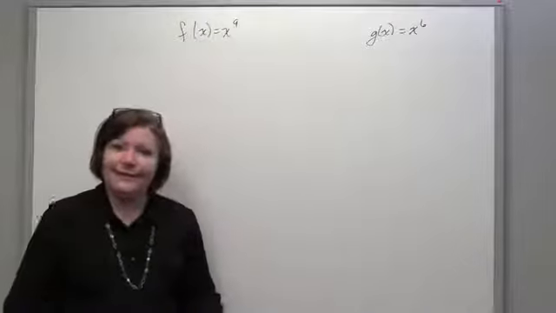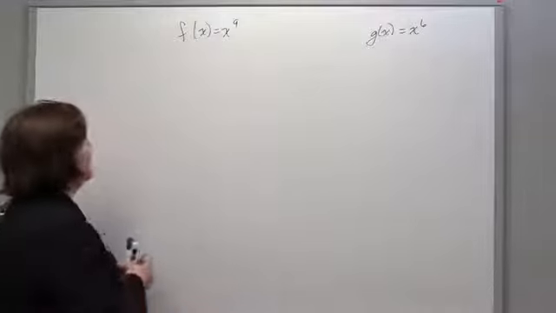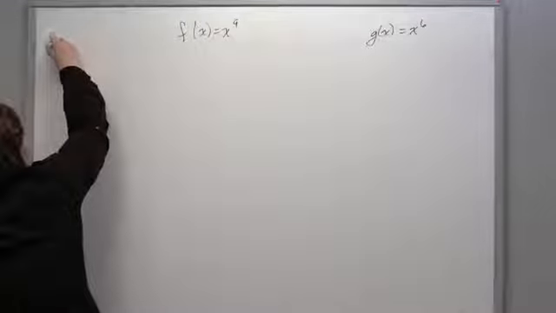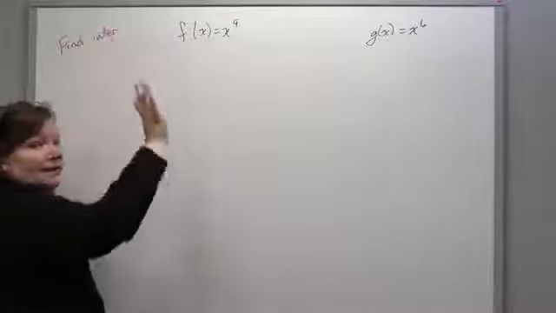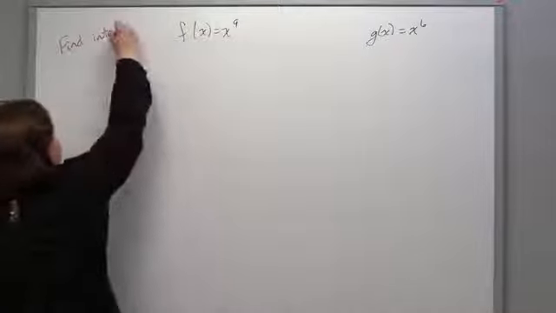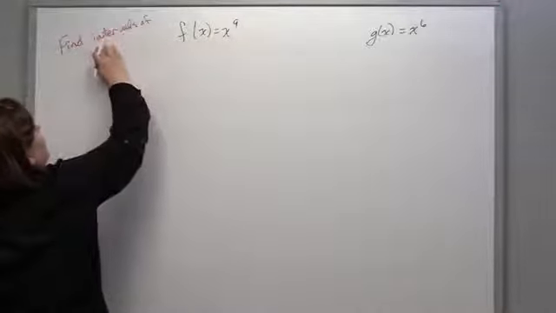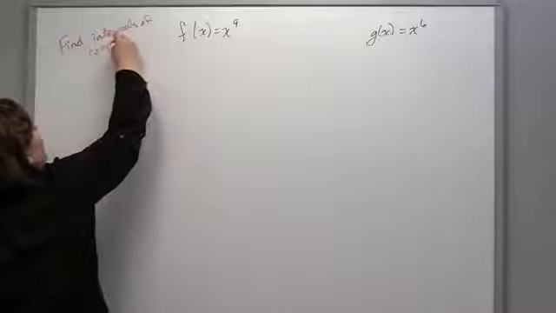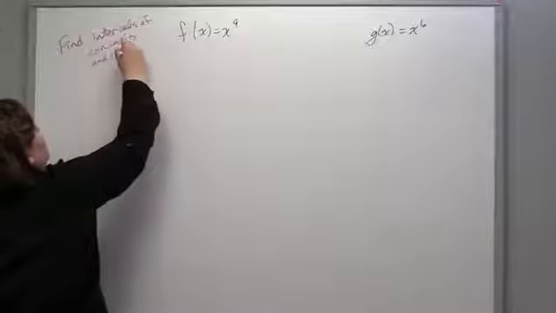So I'm going to write down the global process for finding inflection points. To find, if the directions are talking about concavity, like where are you concave up or concave down, so intervals of concavity, and/or inflection points.